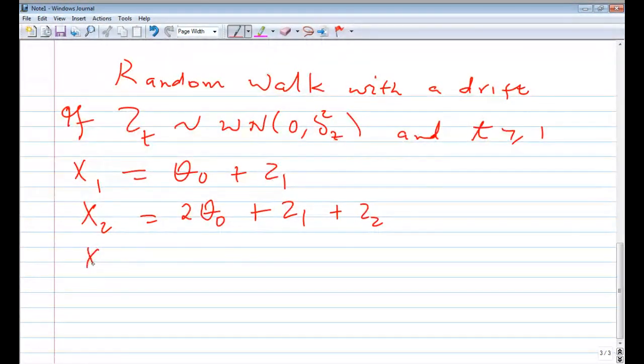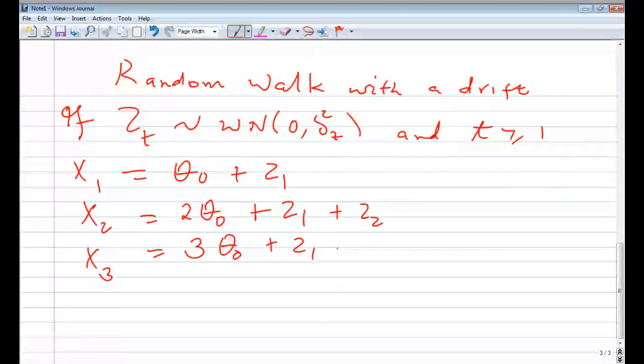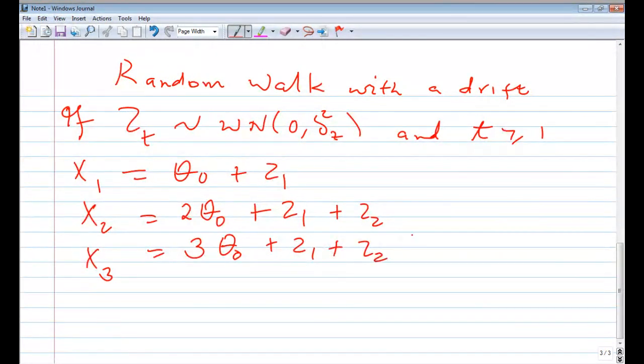The same applies to x3, which will be equal to 3 theta 0 plus z1 plus z2 plus z3. You can go like that until you generalize.